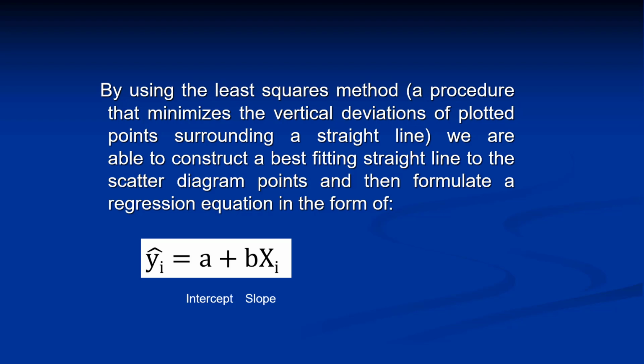The intercept a is equal to the value of y when x equals 0, where the line crosses the y-axis. It determines where the line is placed. The regression coefficient b determines the slope of the line. It determines whether it goes up or down and how steeply it climbs or falls.